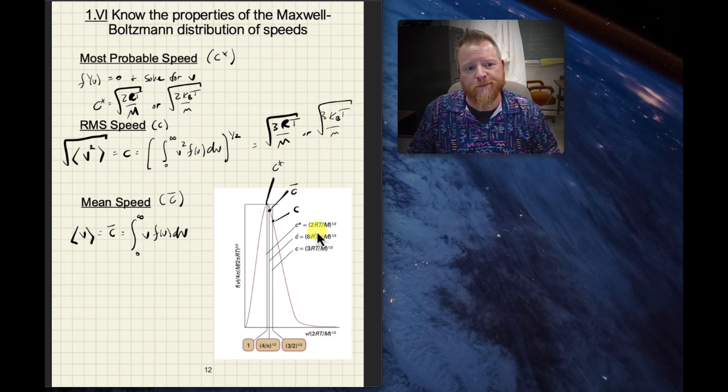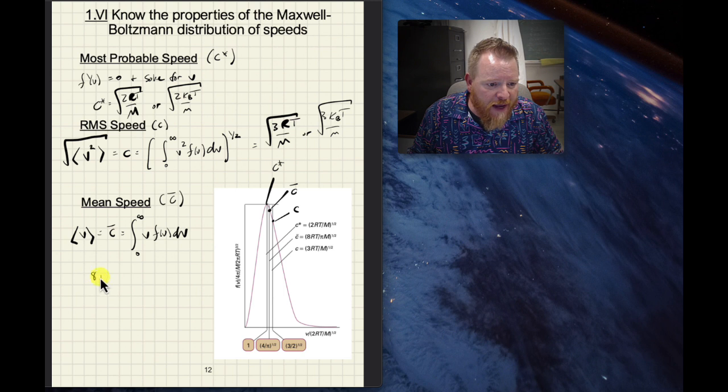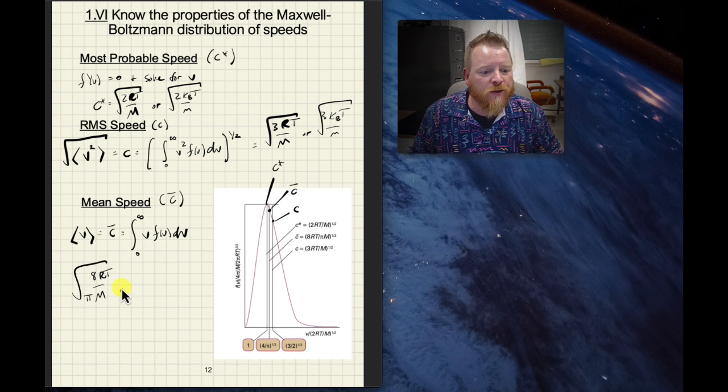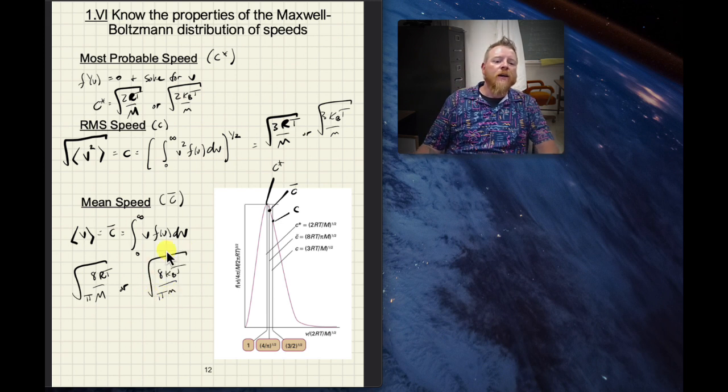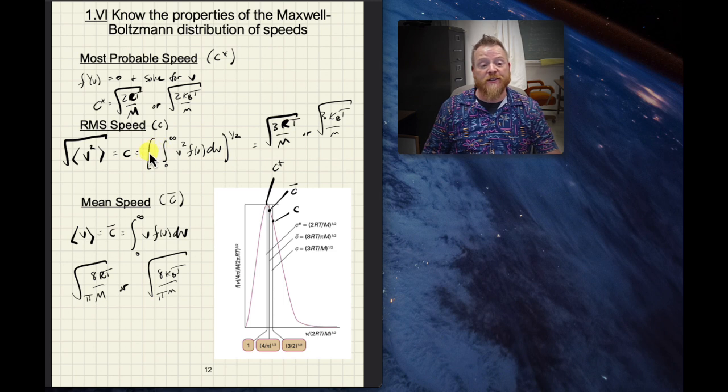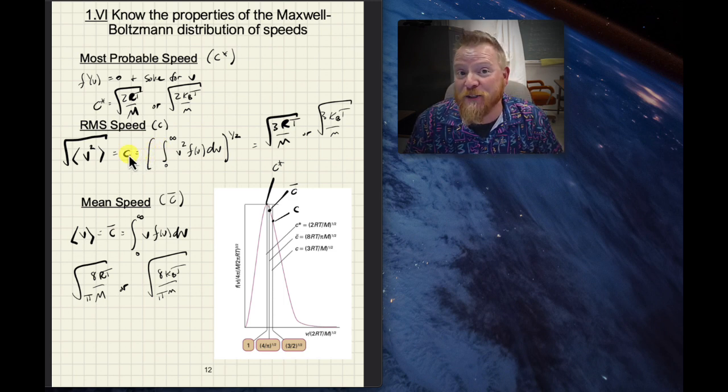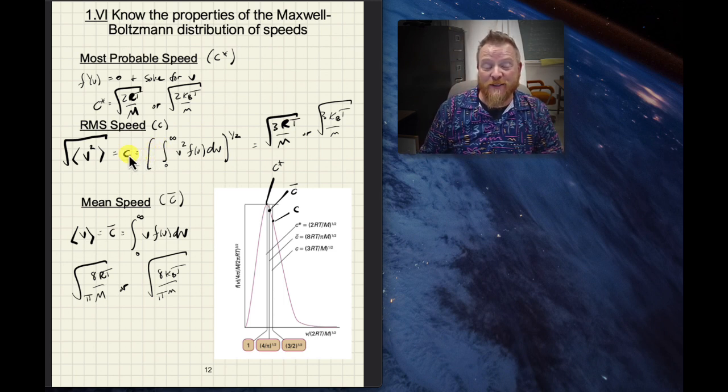And then my mean speed is the square root of 8RT over pi big M, or the square root of 8 kBT over pi little m. So I'm not going to go through these full derivations, but I may ask you to do that on an exam or an assignment. Hint, hint, wink, wink.